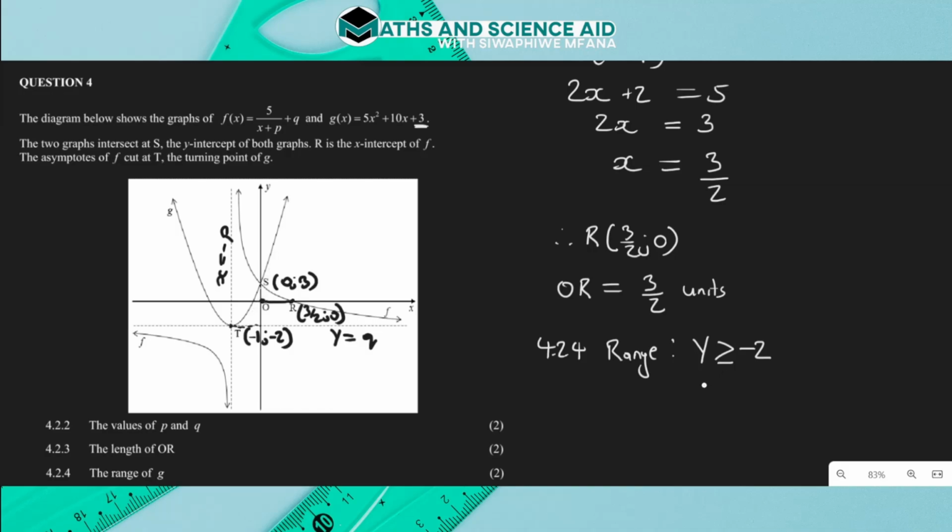Alternatively, you can also express this as the range is equal to y is an element of from -2 up to infinity. So you can also express it in terms of set notation.